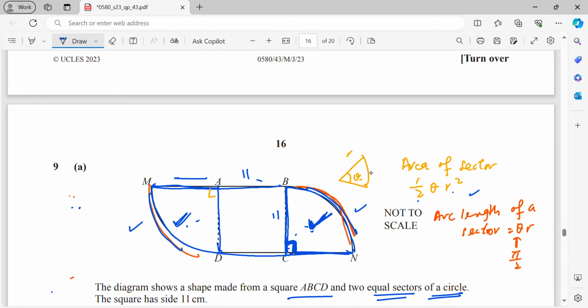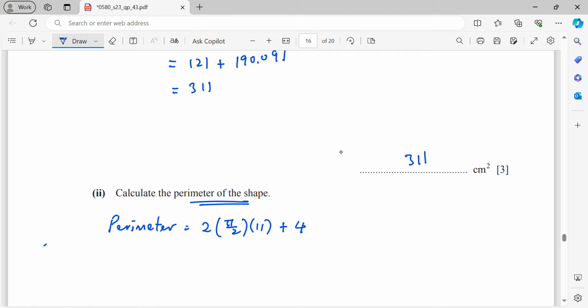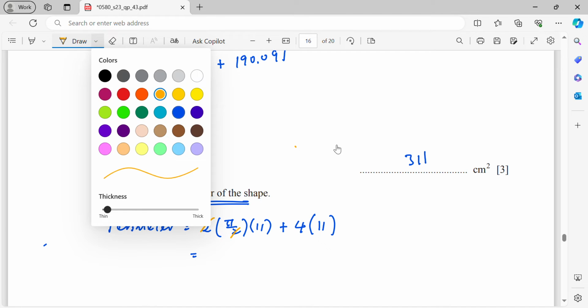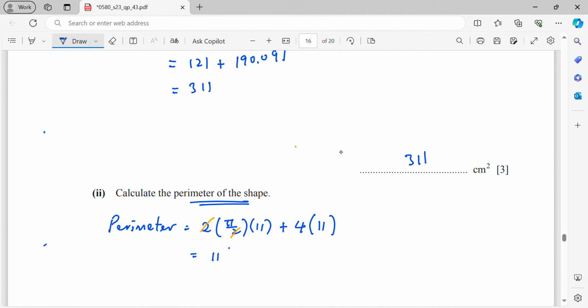Then here 11, 11, 11, 11. So 4 times 11. So here it is going to be 11 pi plus 44. Then you will get 78.6. So this is the perimeter of the shape.